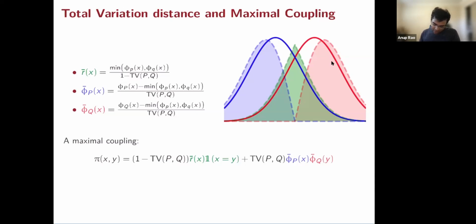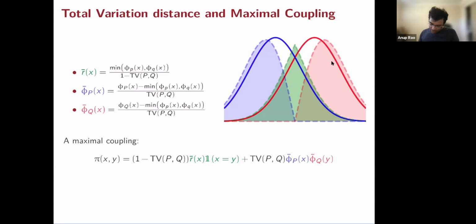We sample X from this expression here, which is essentially the probability distribution corresponding to the minimum of the two PDFs, P of X and Q of X, which is the green region here. We sample X from that and set X equal to Y. That happens with probability 1 minus TV. And with the remaining probability, which is the TV between P and Q, we sample from a product distribution.